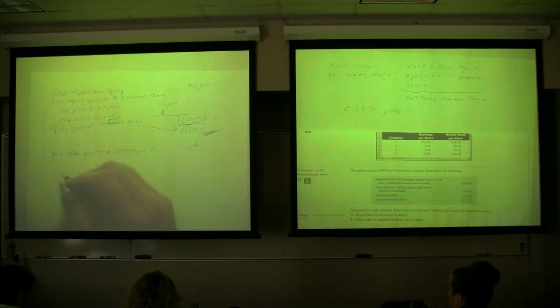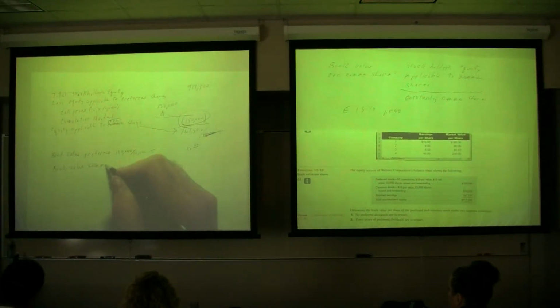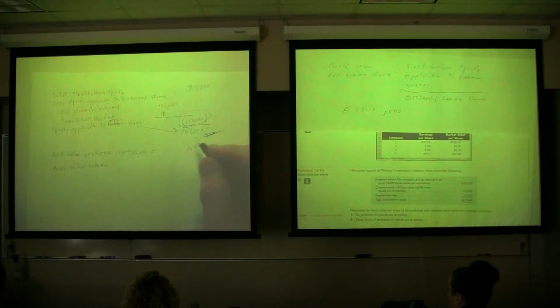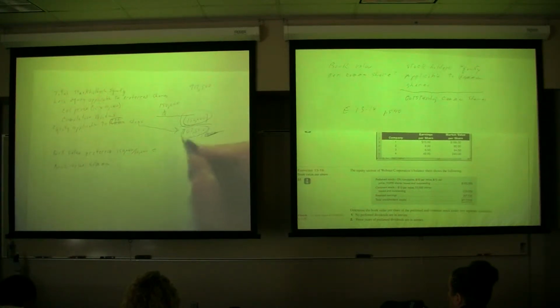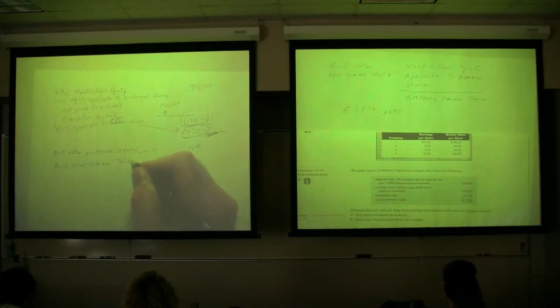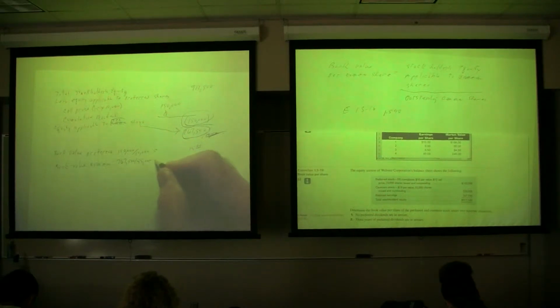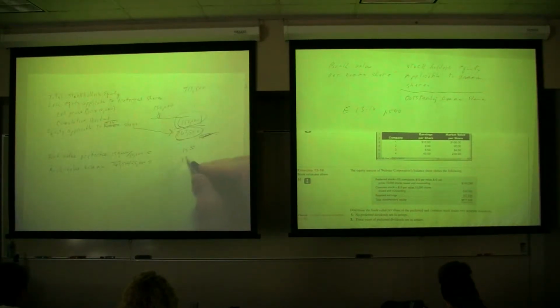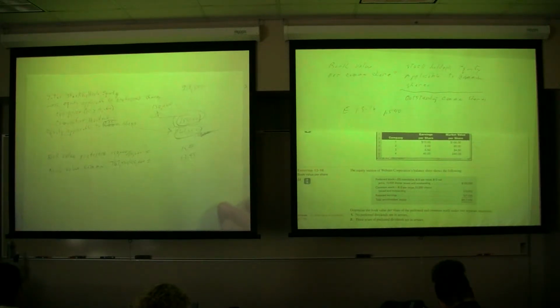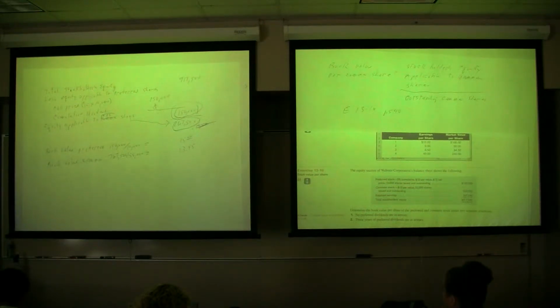The book value common, that will be this number divided by the number of shares outstanding, which is 55,000. That comes to 13. Okay. And again, it's just a place to start assessing how much is this business worth.